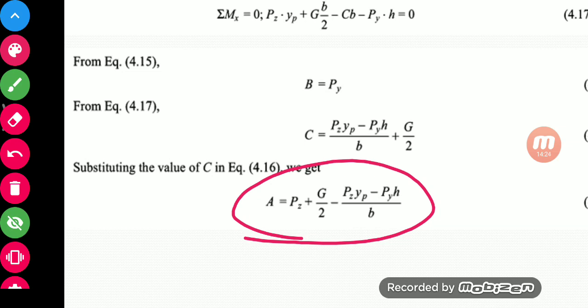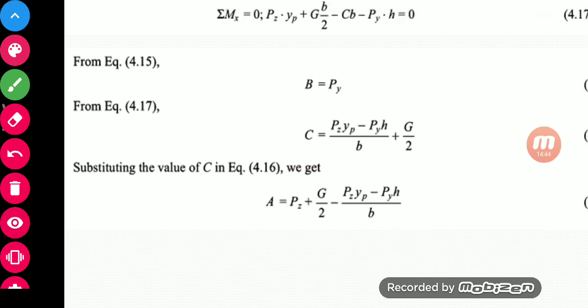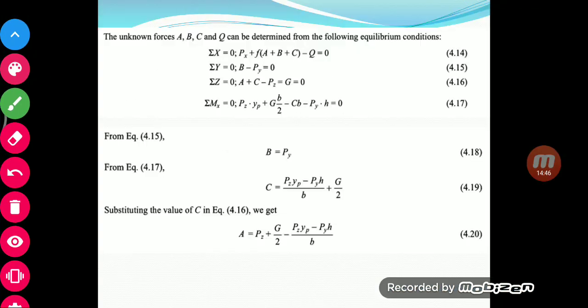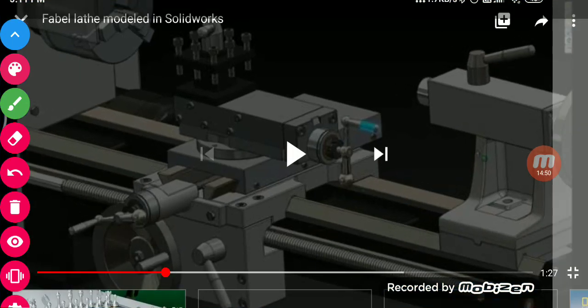After we get the normal reactions A, B, C, we can very easily find the average pressure by dividing this value of normal reaction by the area of the guideway. Just to give a quick visualization, the area of the guideway would be seen by this figure right here.